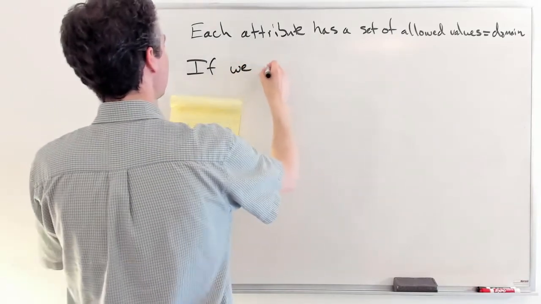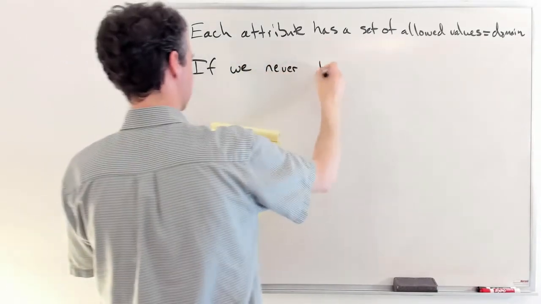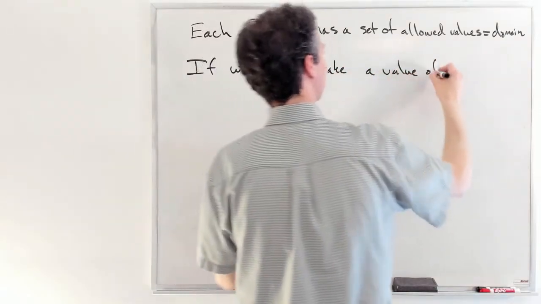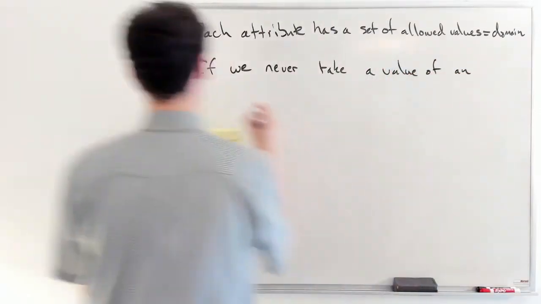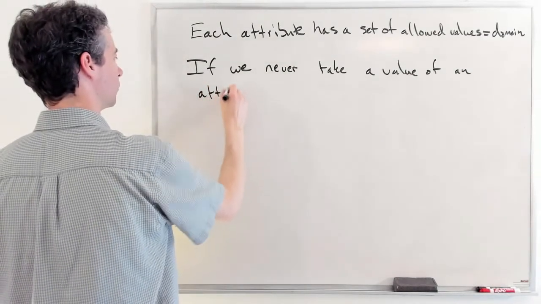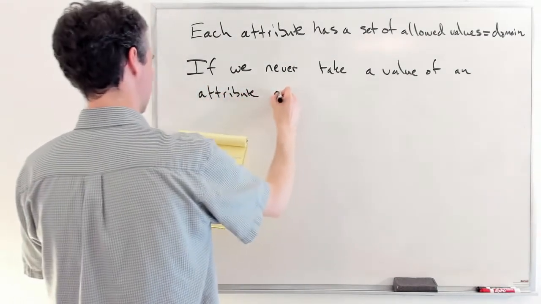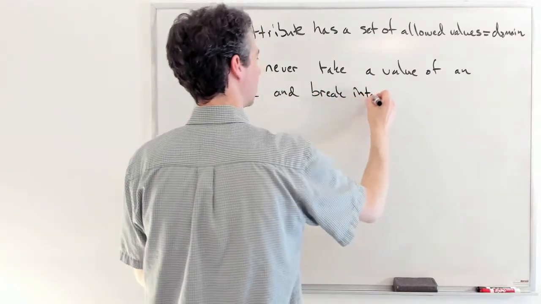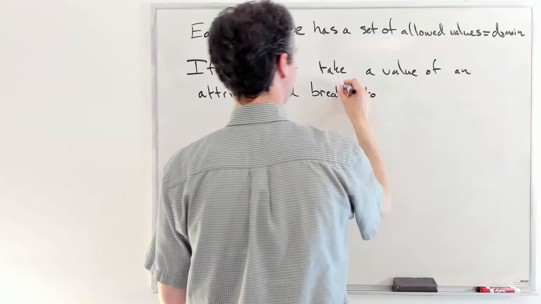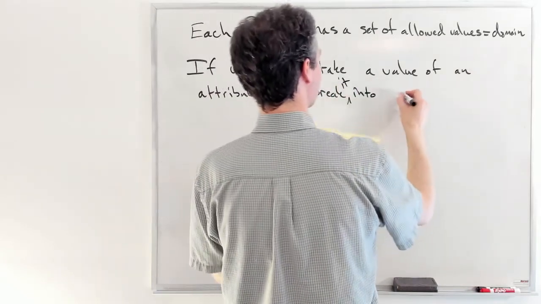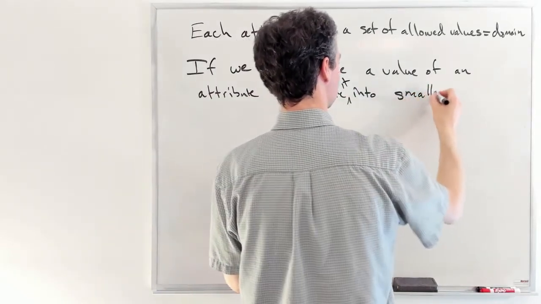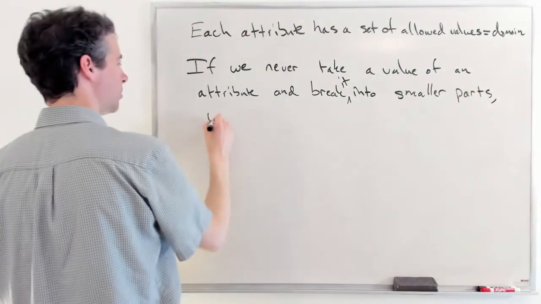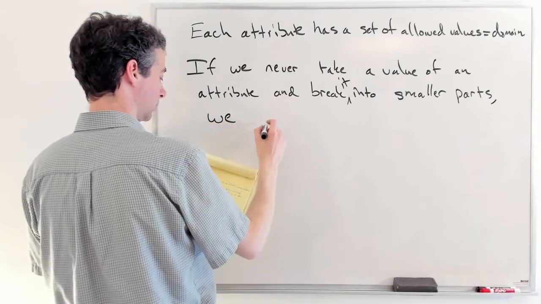If we never take a value of an attribute and break it into smaller parts, we say that domain is atomic.